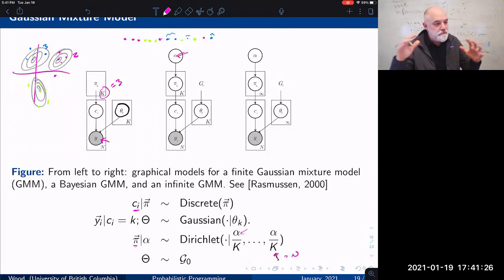Right? And the even more sophisticated story is that there are generative procedures that allow you to specify an infinite number of clusters and then learn in that context. And that's what this infinite Gaussian mixture model business is. It's basically a limit of a Gaussian mixture model where you take the number of components to infinity. And that is a non-parametric Bayesian model, and we will implicitly touch on that nearer the end of the term.